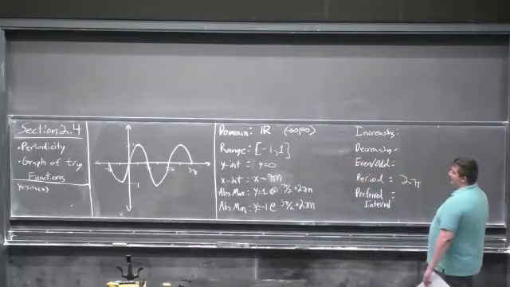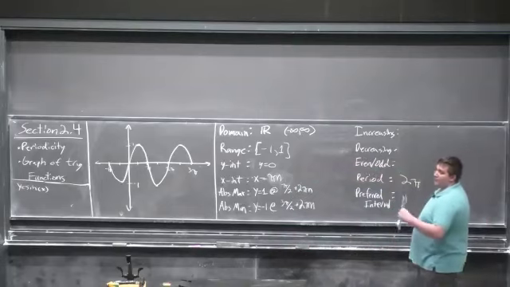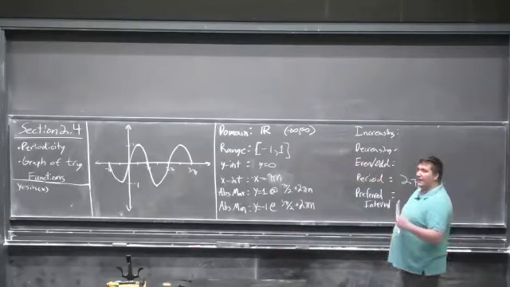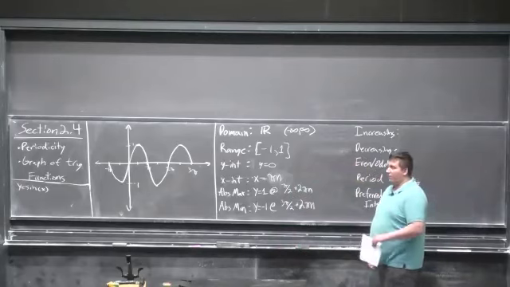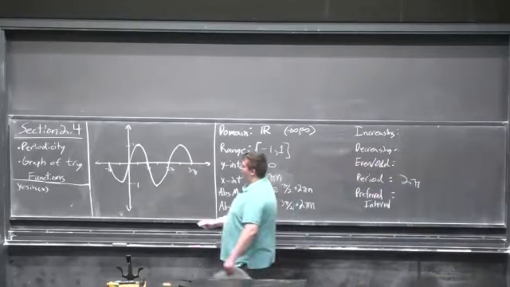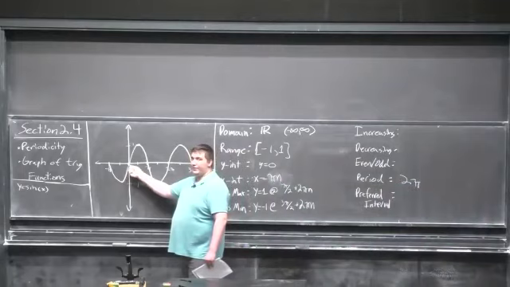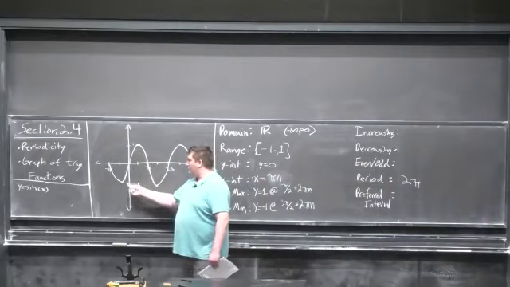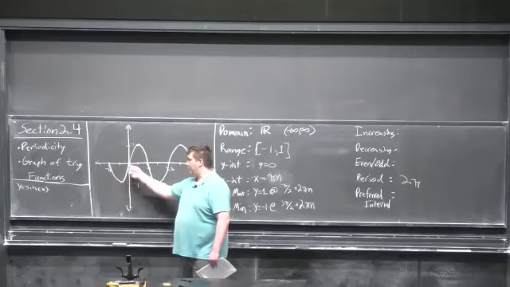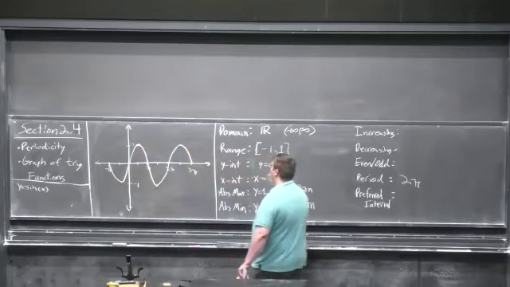Where is the graph increasing? Meaning that if I take any sort of step forward, so if I look here, if I travel to the right, I go up, that's increasing. If I travel to the right and I go down, that is decreasing. So I'm increasing from negative pi over 2 to pi over 2.